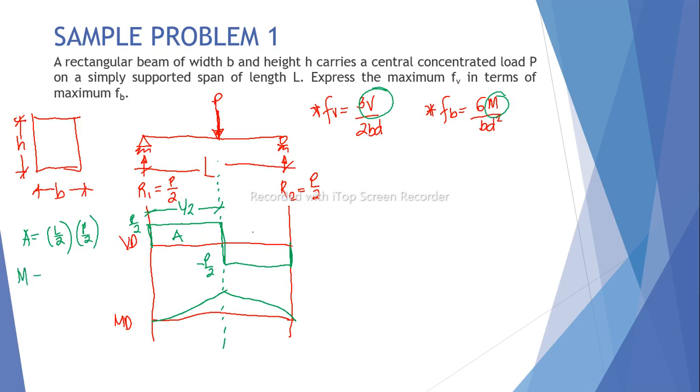So the moment, which is equal to the area from the shear diagram, is PL over 4. So our maximum moment is PL over 4. Take note for this one, our maximum shear is P over 2 and our maximum moment is PL over 4. Next, what we will do next.